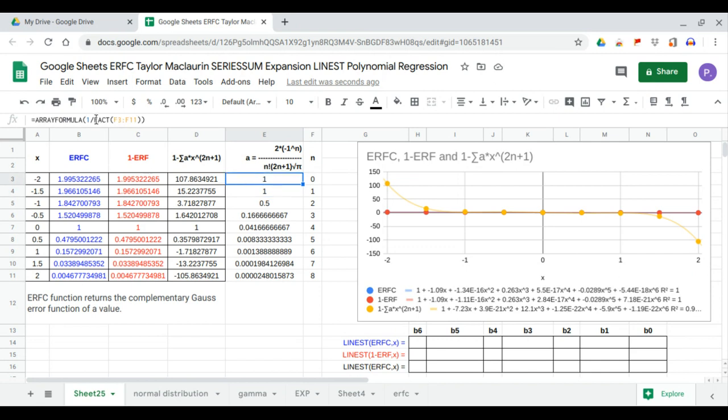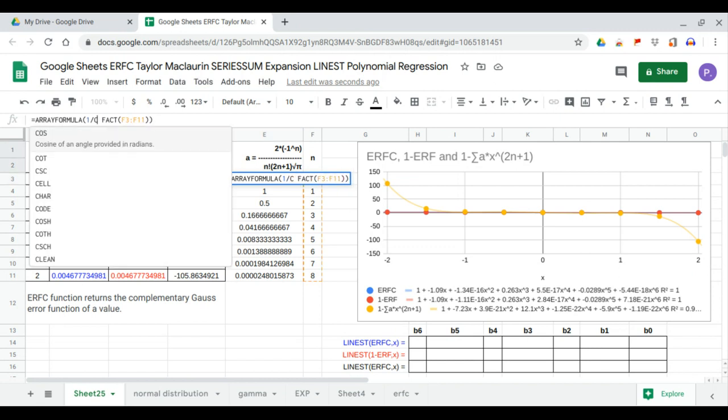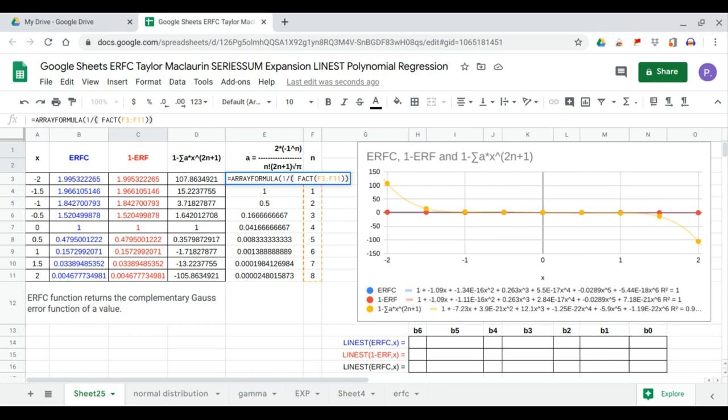We'll add 2 more parts. The second part will be 2n plus 1, 2 times n plus 1. This is the second part.